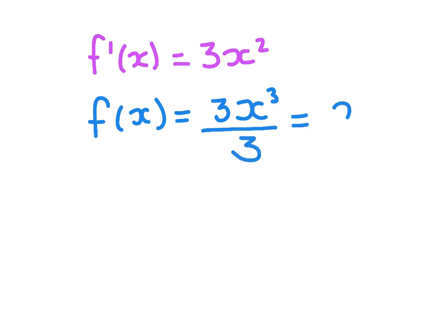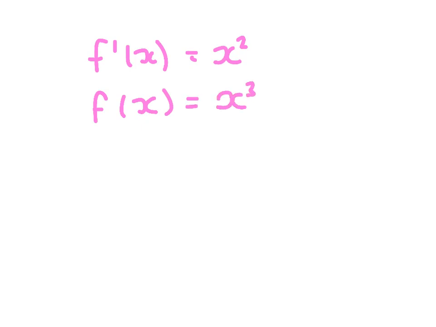And I simplify this to get x cubed. And you know from looking at x cubed, if you differentiated that, you'd hit 3x squared, which is what we started with here. So integrating, we're just going backwards. We're going to call this undifferentiating for the moment because there's a few other things we do need to consider with integration.